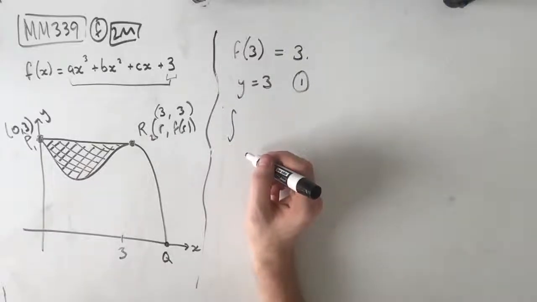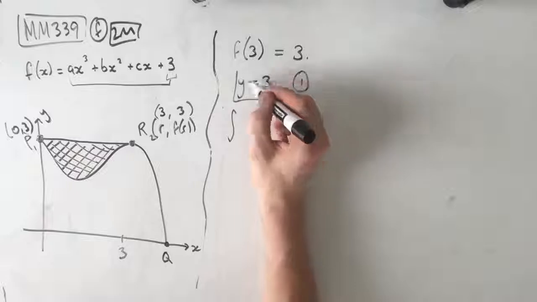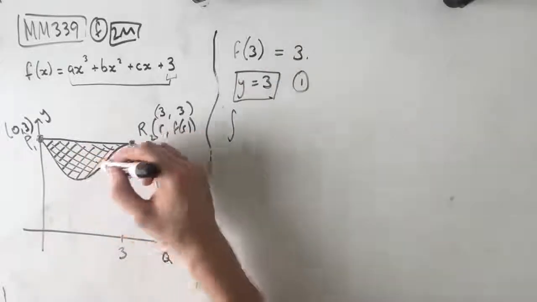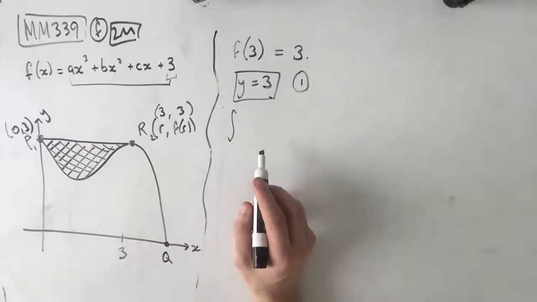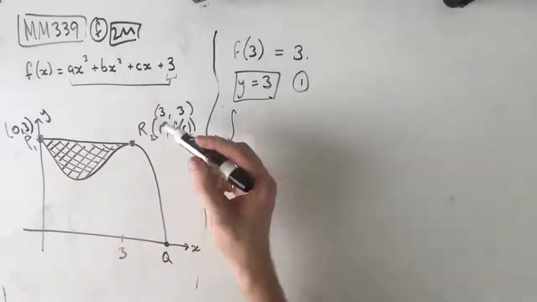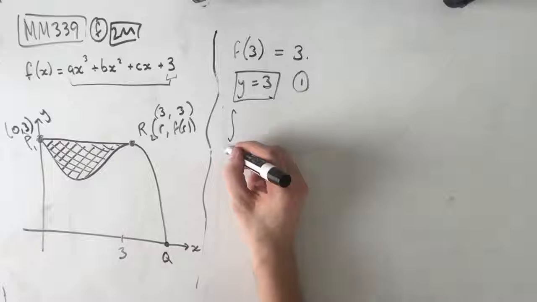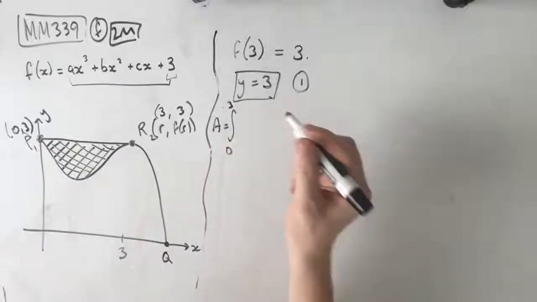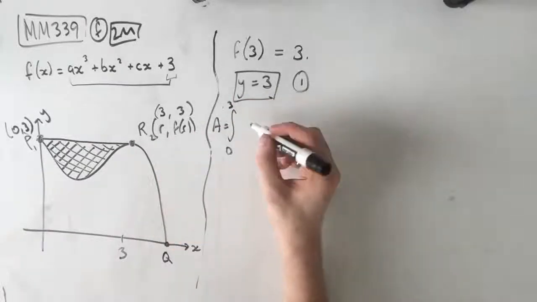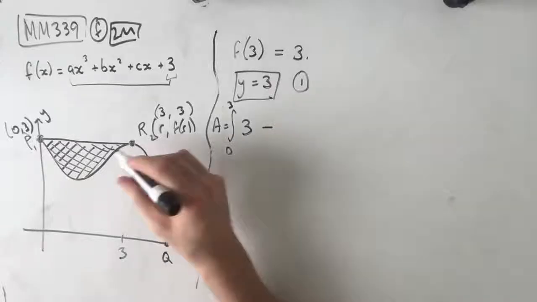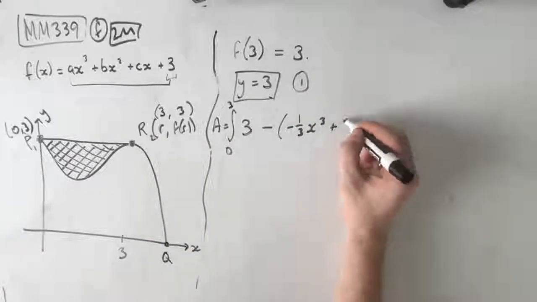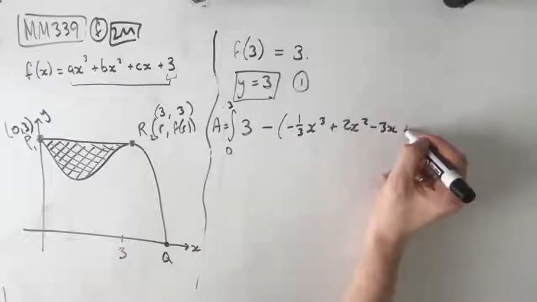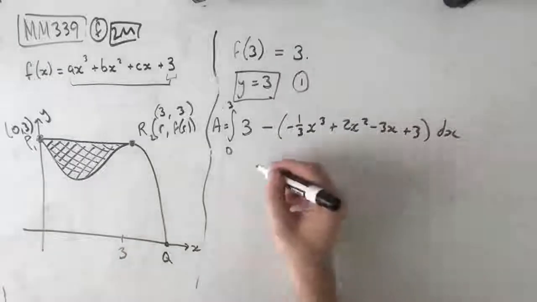So, now for our area, right? Because we've got our equation for our tangent, we've got our equation for under here, now we can put those together. So the area is going to be equal to the integral from 0 to 3 of the top equation, which is 3, minus the bottom equation, which is negative 1/3 x cubed plus 2x squared take 3x plus 3, dx.